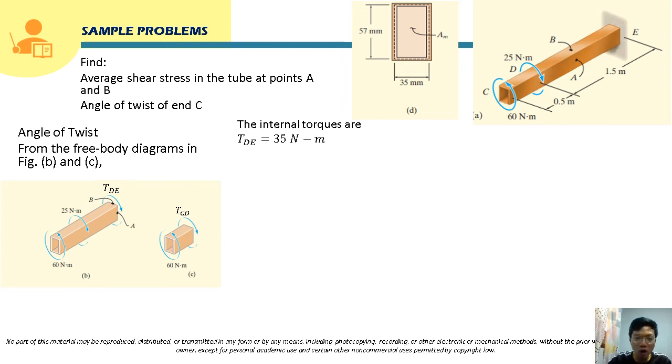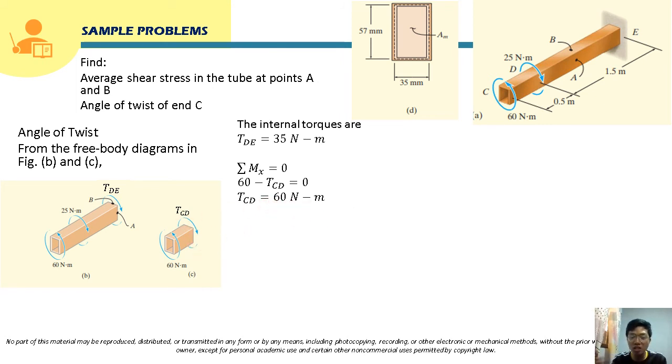Okay, now for the internal torque in length CD, if we cut a section here, class, let's say this is the cut section. So the internal torque here will be this torque, and then if we apply the equilibrium equation here, the internal torque at CD is equal to 60 Newton meter.